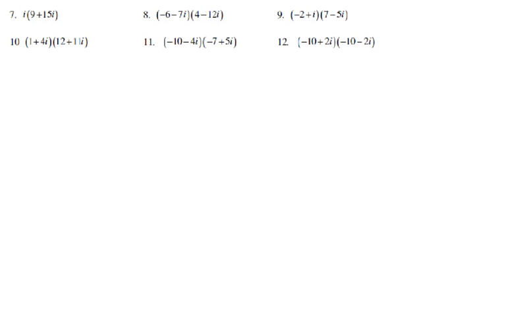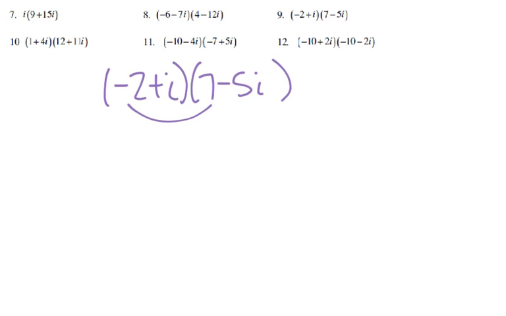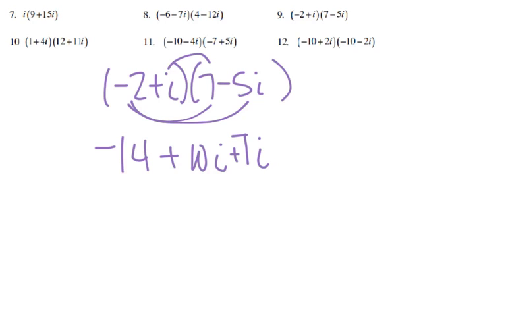Okay. Now number 9, same idea. So you can kind of see the same thing you're going to end up with. So negative 14, positive 10i, positive 7i, which those two would combine, right? 17i.